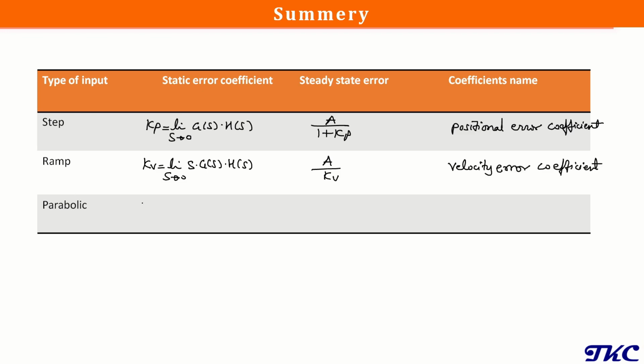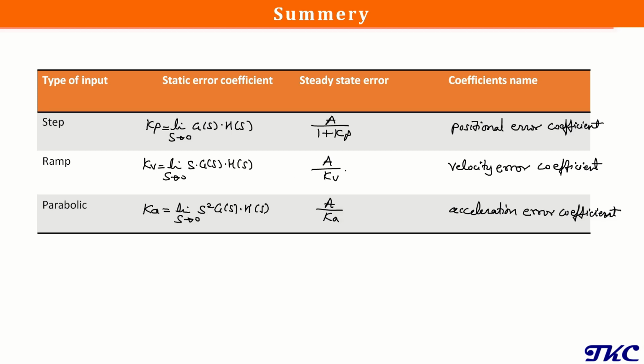For parabolic input we will be having the static error coefficient as Ka is equal to limit s tends to 0 s square g of s into h of s, and the steady state error will be A by Ka, and the name of the coefficient is the acceleration error coefficient.